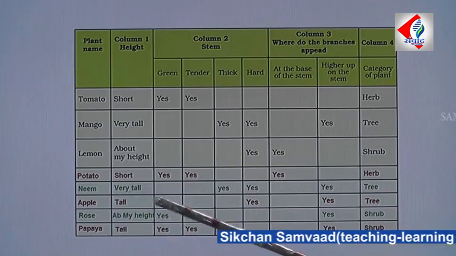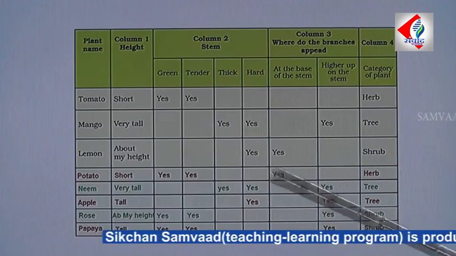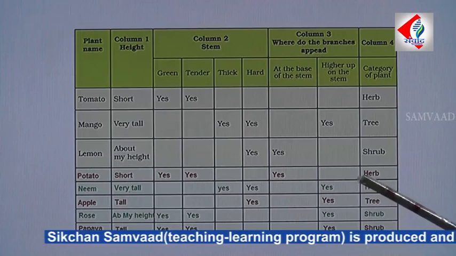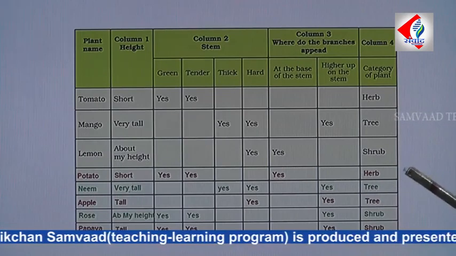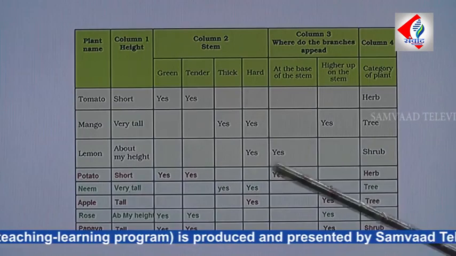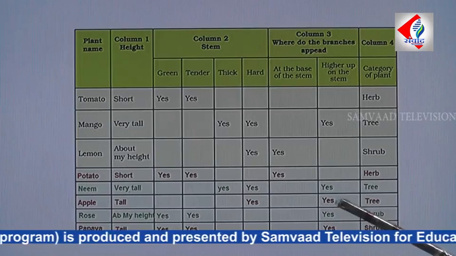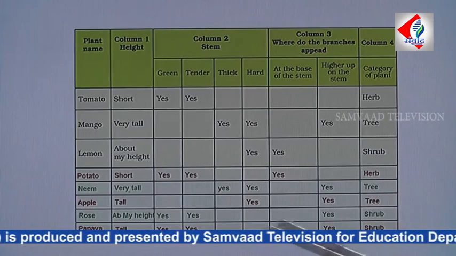Neem, very tall, thick stem, hard stem, high above the ground, and it is a tree. Apple is also a tree, and it is also very hard, the stem, and then it is categorized as a tree.